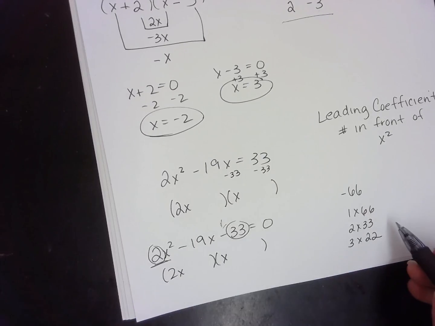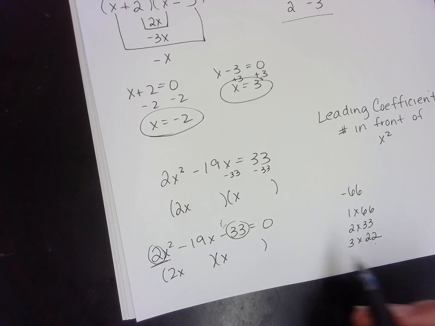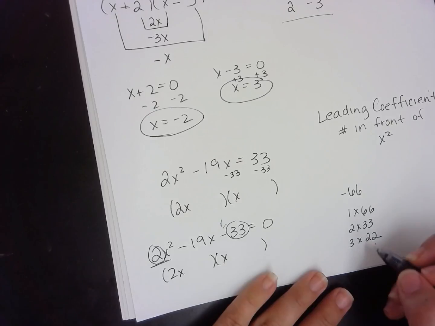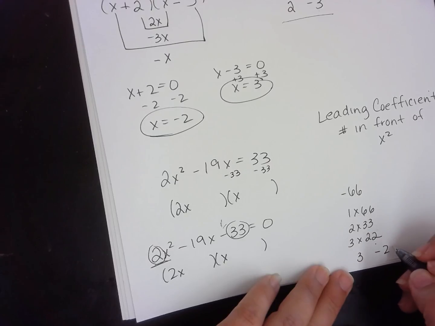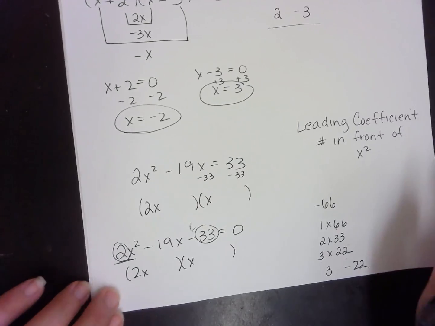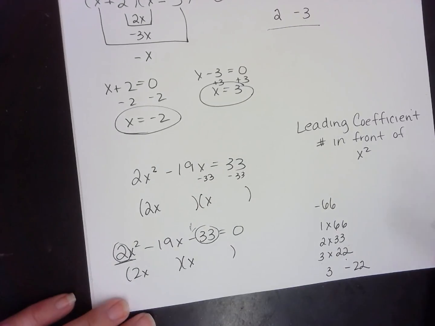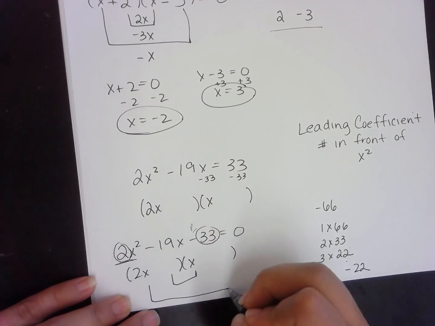That does not mean that these are the numbers that go here, because 3 times 22 is 66, and I need these to multiply together to give me 33. What this tells me is, okay, so I'm going to need a positive 3 and a negative 22 here, okay? So what I need to do here is, these are going to be what my middle terms sum to.